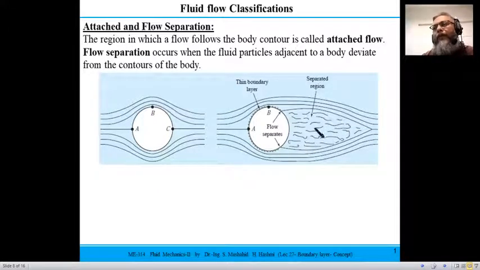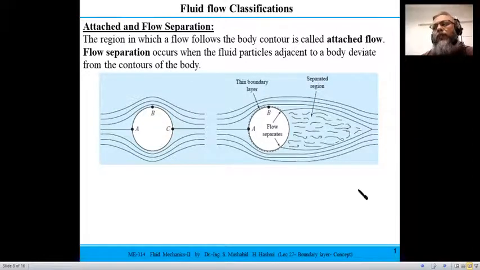So the eddies are formed. This is where the fluid flow separates, and we see the boundary layer is formed, and after that the flow separation takes place.